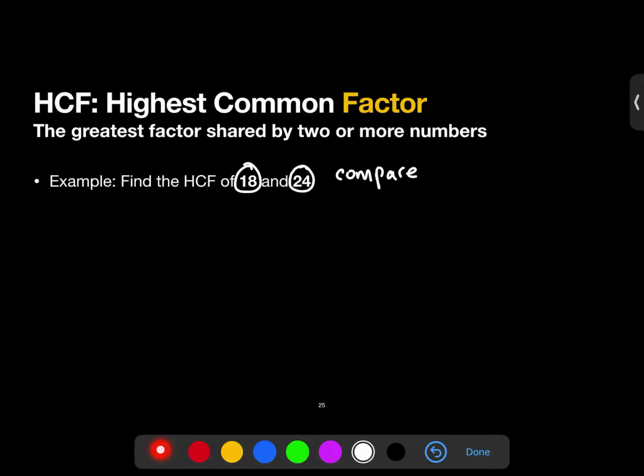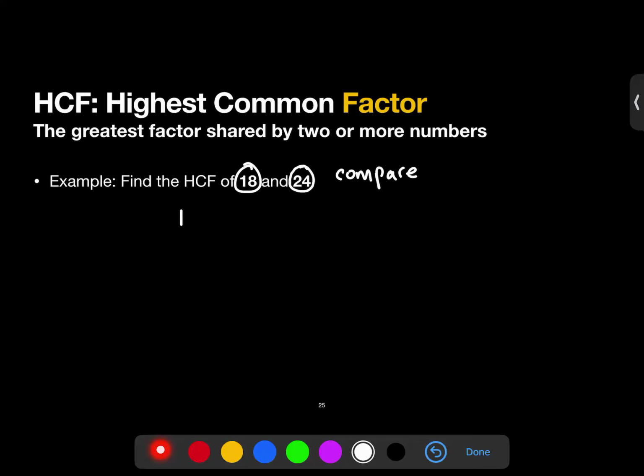Anyone knows? You can say the answer. Which number of factors do we find first? Correct. So we start with 1.